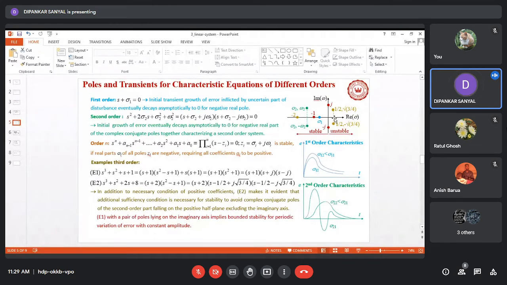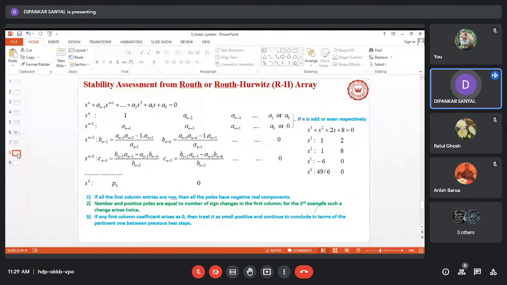Okay, so that in a way gives us some satisfaction that what we saw by factorization is getting matched by the hypothesis provided by Routh.